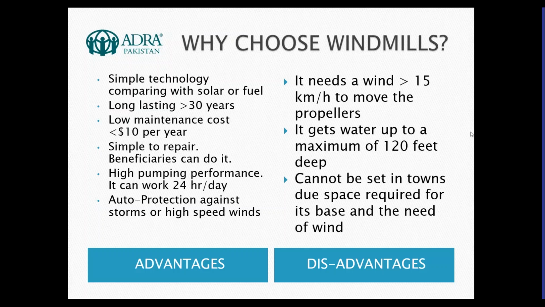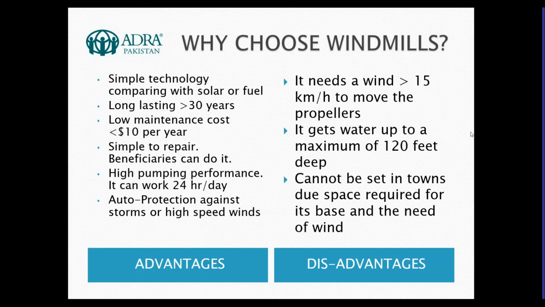It's very easy to be repaired by the beneficiaries, because when we set the windmill, in the same way as with the hand pumps, we teach them how to change the parts that are needed. And the high performance of this windmill, because it pumps 24 hours, compared to the hand pump that is only pumping when you move it by yourself.